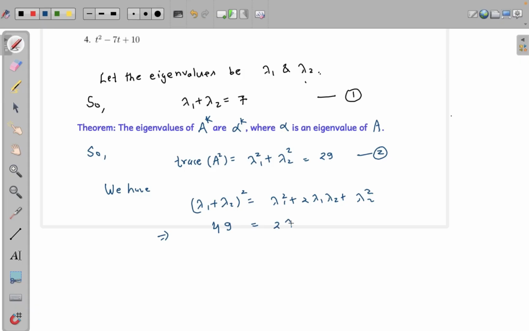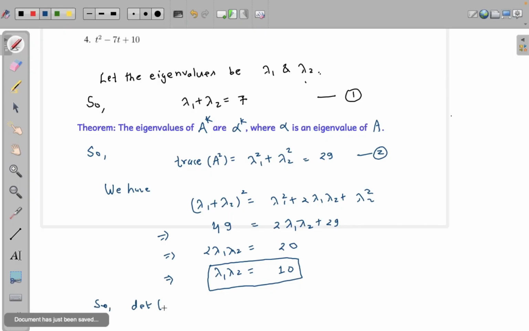From here we get 2 lambda 1 lambda 2 is equal to 49 minus 29, that means 20, and from here we get the value of lambda 1 lambda 2 as 10. So you can see, without finding the values of lambda 1 and lambda 2, we found the value of lambda 1 into lambda 2, which will be our determinant. So the determinant of the matrix A will be 10.